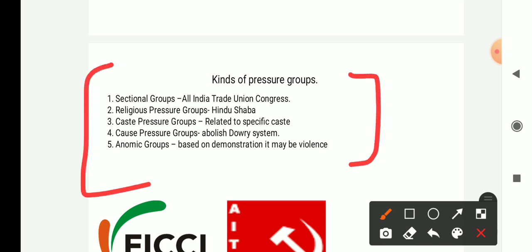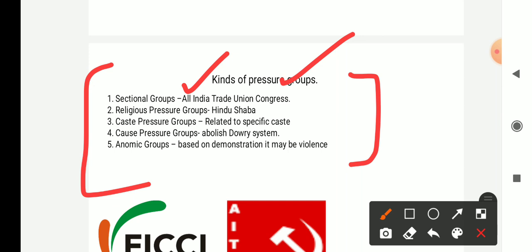These are known as sectional groups. All sections of the people form their groups. For example, All India Trade Union Congress, and here even teachers groups union or a students group can be included in this. Then we have religious pressure groups formed on the religious line: Hindu Sabha, Musliman Sabha, or Sikh Force. Such kind of groups do exist.